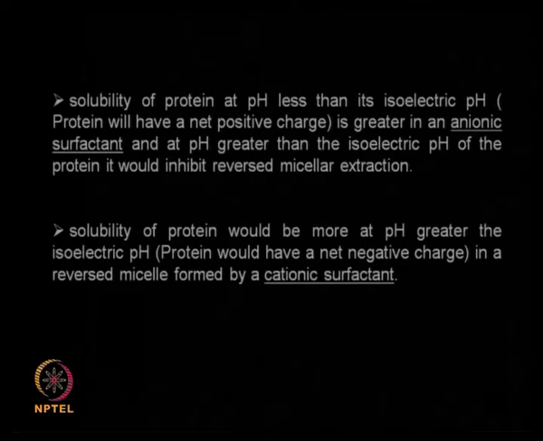So by selecting the surfactant depending upon the pH at which you are going to operate, you can increase the solubility of the protein, or conversely, if I know what type of surfactant I am going to use, then I will select the pH either greater than or less than the isoelectric pH. By adjusting the pH based on the isoelectric point, I can increase the solubility of the protein in that particular surfactant.